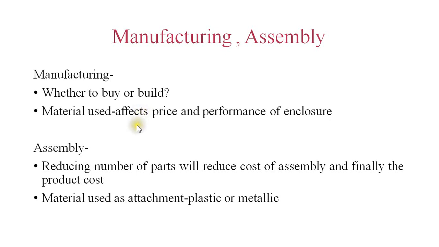Now manufacturing and assembly. The question here is whether you have to buy or build. Generally it is applicable for the enclosures. Sometimes many enclosures are available off the shelf. So only if needed do you have to build a new enclosure. Otherwise you can use the enclosures which are already available, and they will minimize the cost.